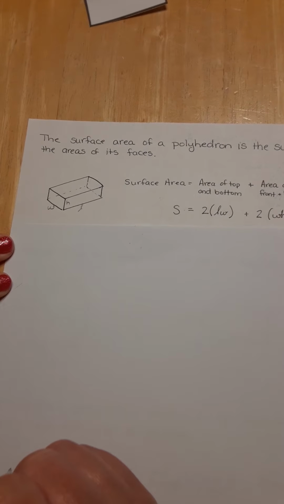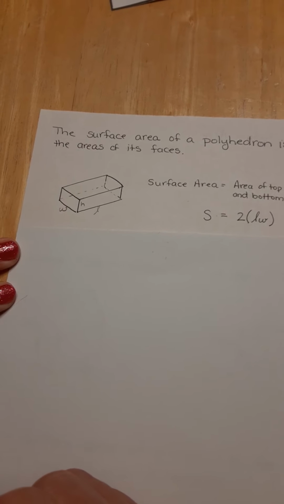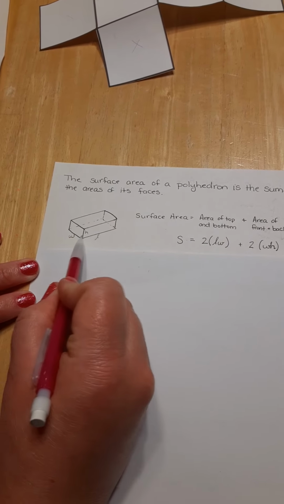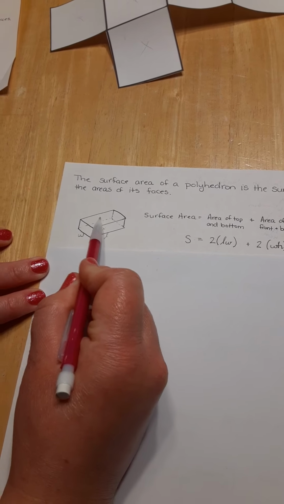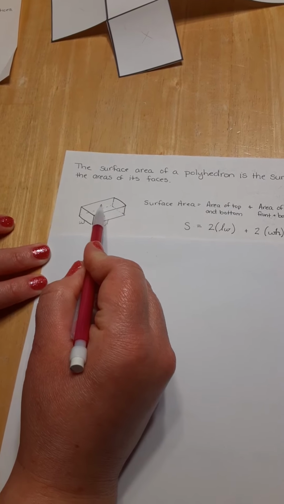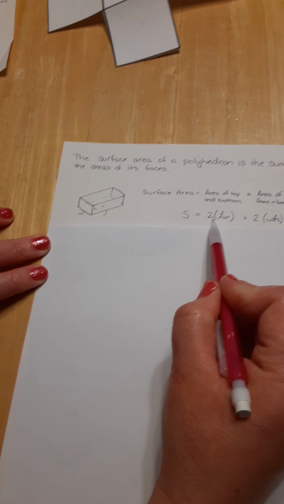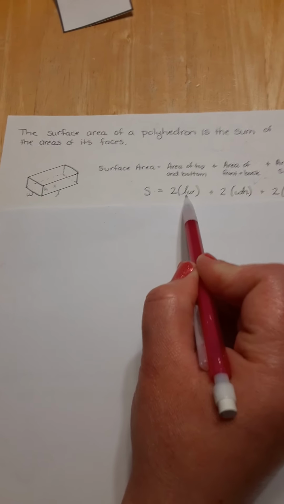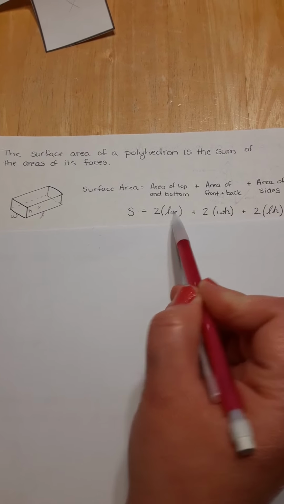Okay, so when I go to find my surface area, I need to find my length times my width, which covers my base here. And I have 1 on the bottom that it's sitting on, and I have 1 at the top. And so that's where I get 2 times length times width. So I'm taking care of the area at the base and the top of it.